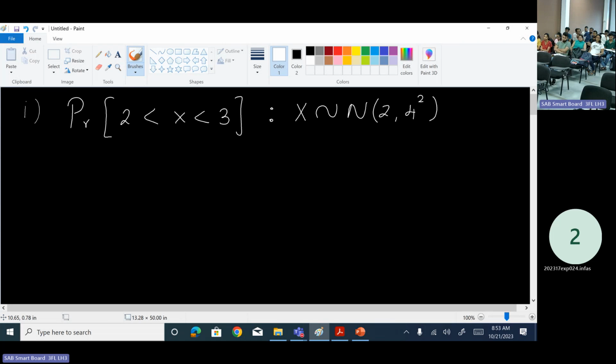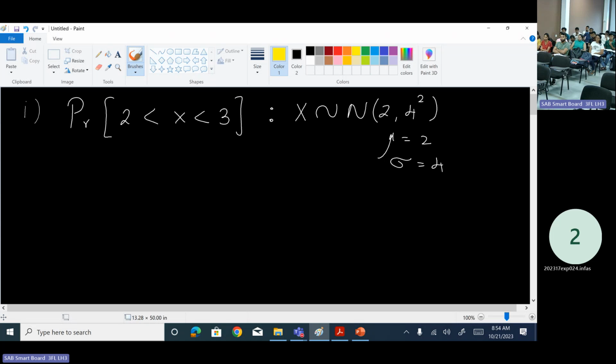So now from this we can identify that the mean value is 2, standard deviation value is 4. So now X is a general normal variable given. We are asked to find this probability, so we need to transfer this to the standard normal.